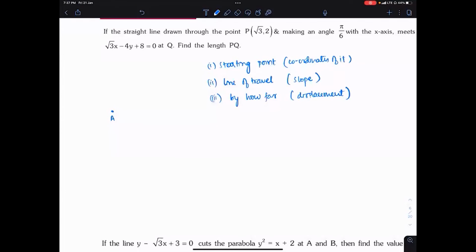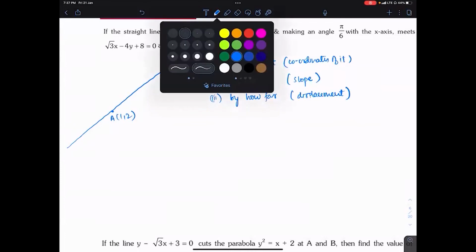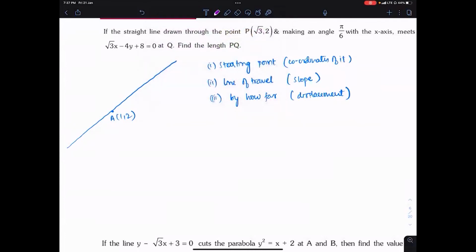It means you know the starting point, and you know the line of travel, that means in which line I have to travel. Say the starting point is 1, 2, and by how far means 5. If point A is moving 5 units along this line, your doubt will be, sir, is it moving this side or this side?